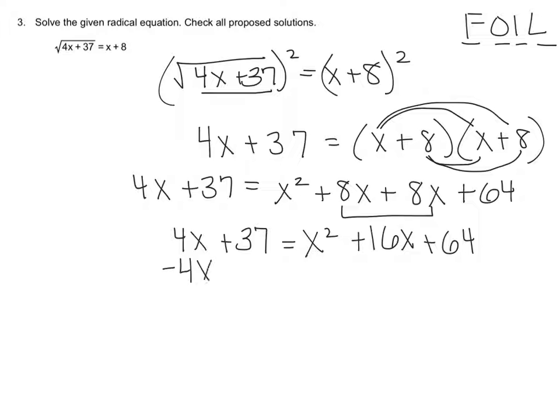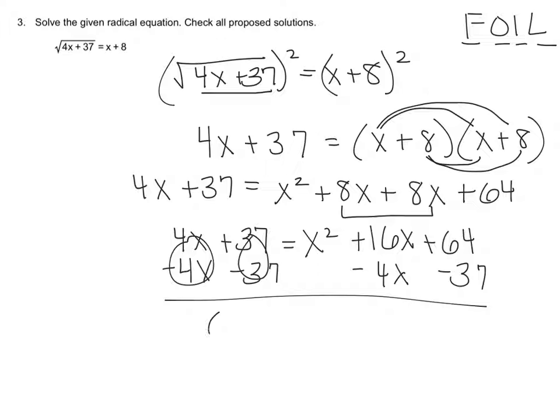I'm going to subtract 4x and 37 from both sides. On the left side, I have 0, and that equals x squared. I'll combine my x terms. 16x minus 4x is positive 12x, and 64 minus 37 is a positive 27.